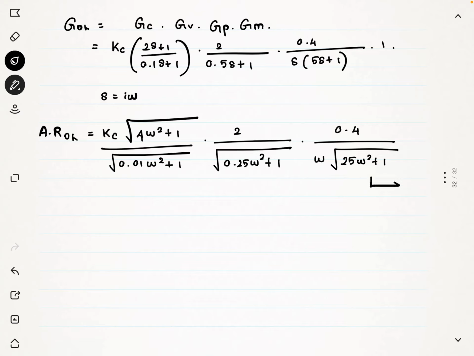So let this be equation 1, because this is a new problem.